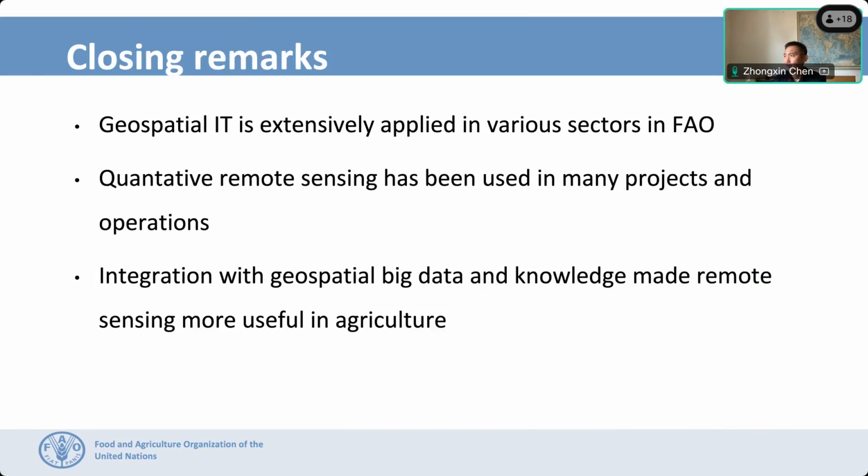And I think FEO is one of the pioneers in this, with the very famous LCCS, which is actually an effort to integrate classification and quantitative remote sensing. I just showed some examples. We should integrate data and knowledge together to make geospatial technology more useful in the agriculture sector.